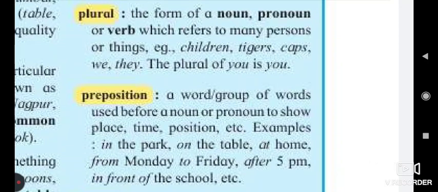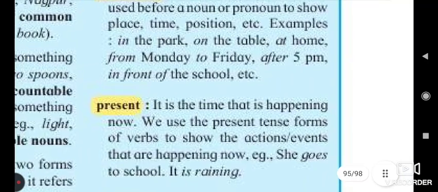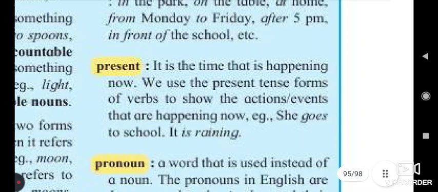Preposition is a word or a group of words used before a noun or a pronoun to show place, time, position. And present means it is the time that is happening now. We use the present tense form of the verb to show an action or event that is happening now. For example, she goes to school. It is raining.